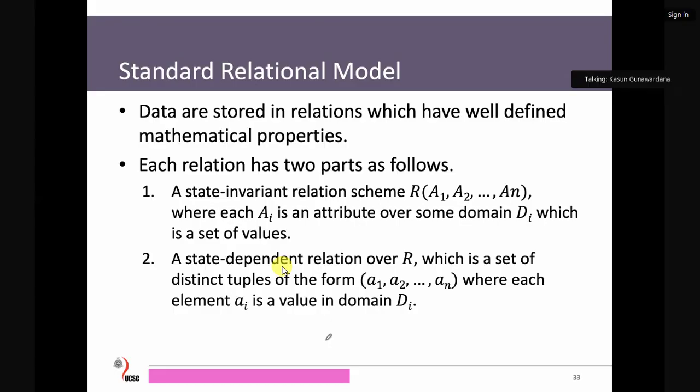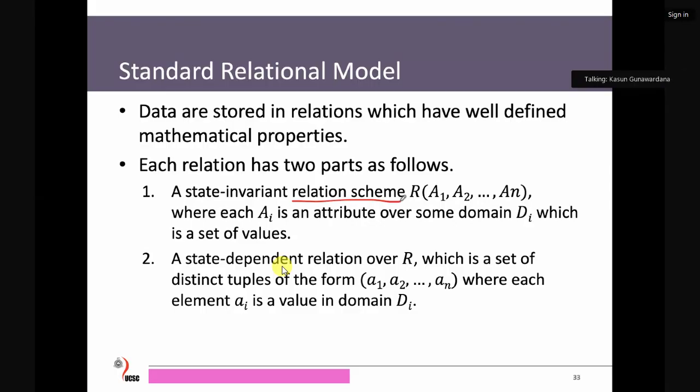The first one is a state invariant relation scheme. In this relation scheme R, each Ai is an attribute over some domain, which is a set of values. So the relation scheme is the definition of that relation, and A1, A2 up until An are the attributes.